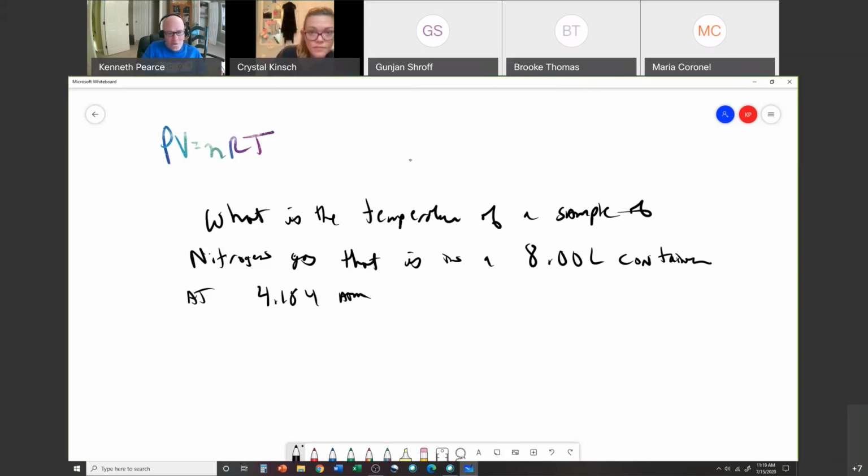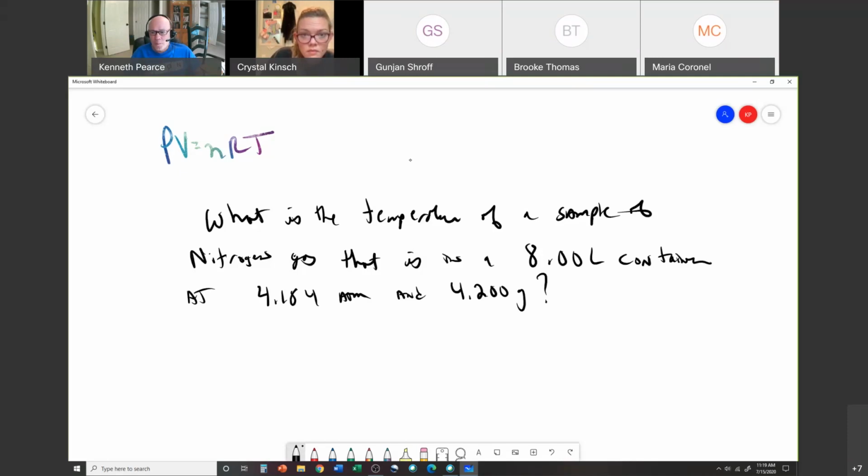Nitrogen gas. Let's see, what's the temperature of that sample? And let's say it's 4.200 grams. Let's see, we've got the pressure, we've got the volume, we had the amount, and I just want to know the temperature.